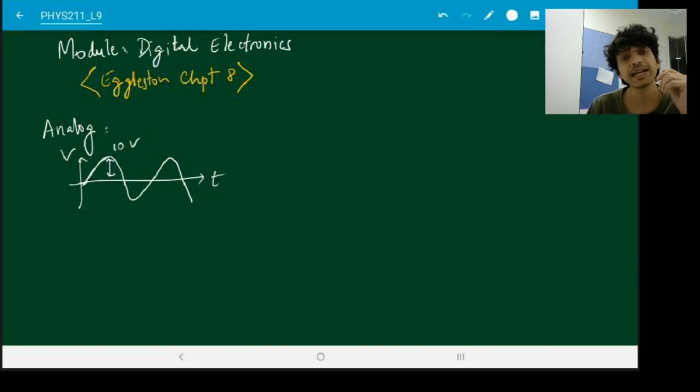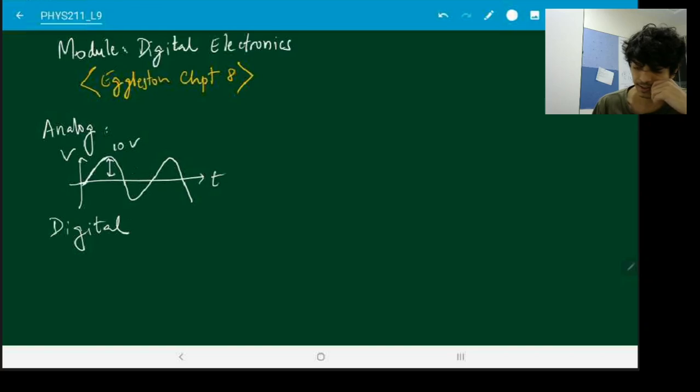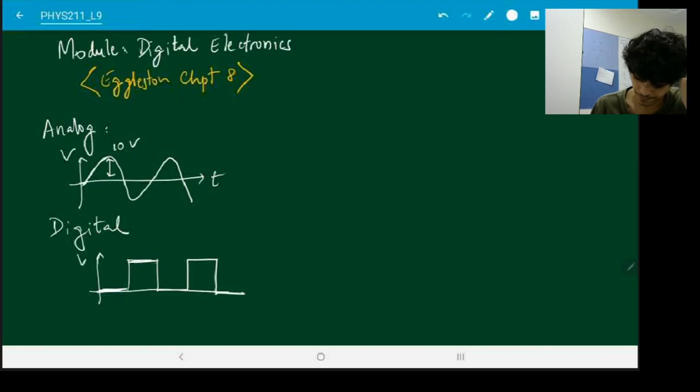So to beat that problem, we go to using digital values. Digital is where you have only two states, a low state and a high state. So a two-state system.